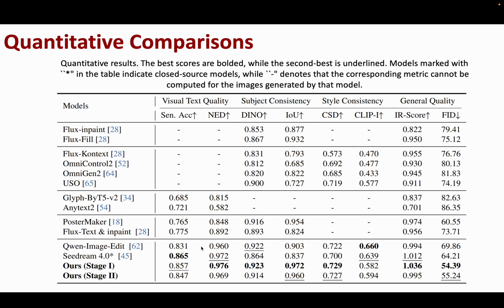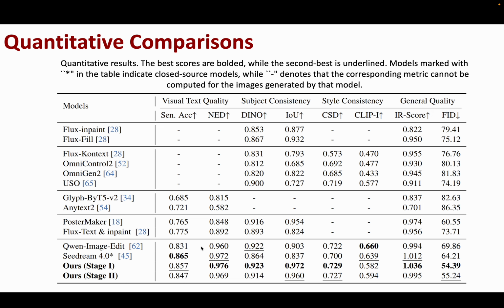In terms of subject consistency, it also leads with a DINO score of 0.923 and an IOU of 0.972, demonstrating strong alignment between the generated subjects and their references. For background style consistency, it attains a CSD of 0.729 and a CLIP-I score of 0.582, showing stable preservation of scene style. Moreover, it achieves the best overall image quality, reflected by an IR score of 1.036 and a FID of 54.39, significantly outperforming all open source and commercial competitors.